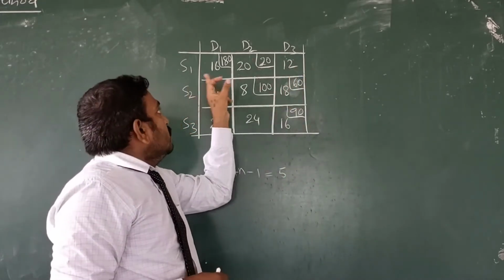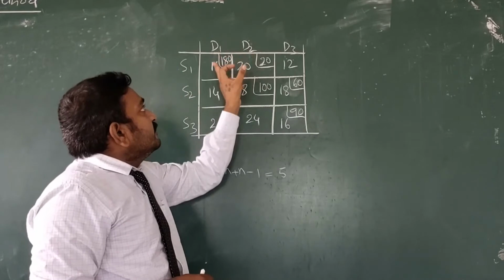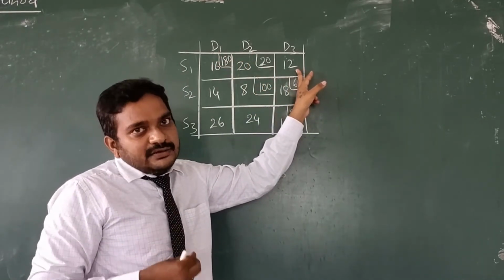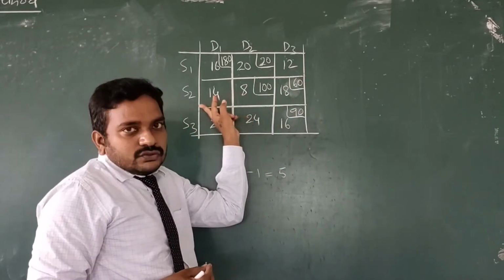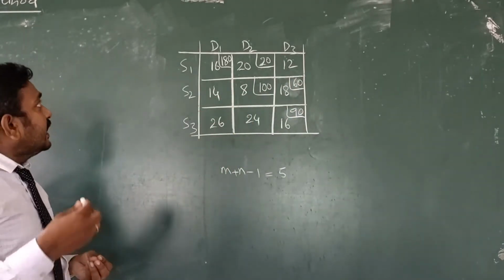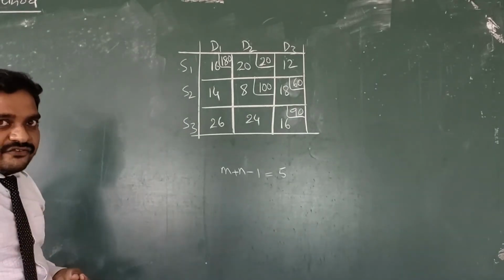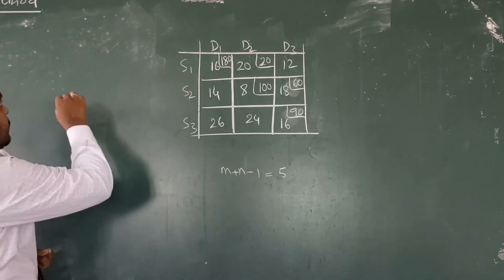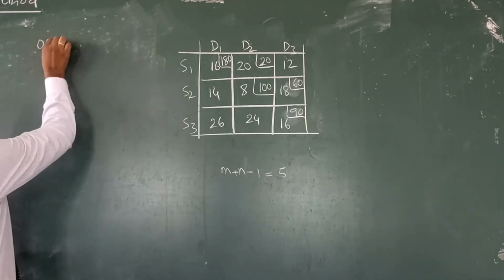In the first row, this S1, we have 2 allocated cells and 1 non-allocated, that is an unoccupied cell. In the second row also, simply refer to those cells with their cell references. I am calling them first. In the first row, I am writing occupied cells.